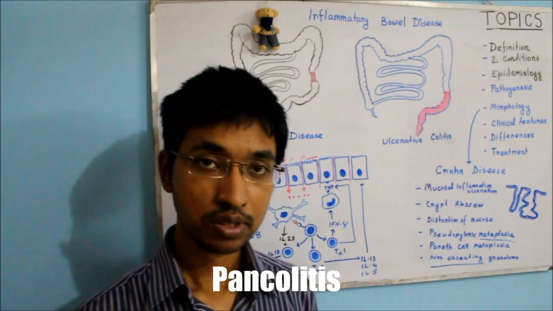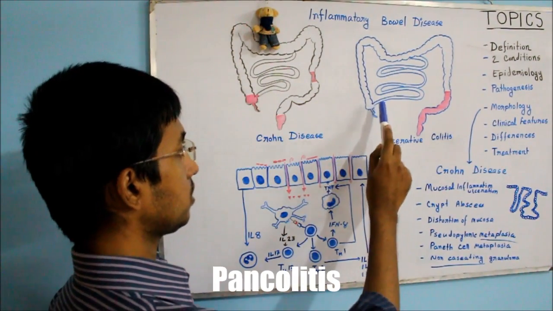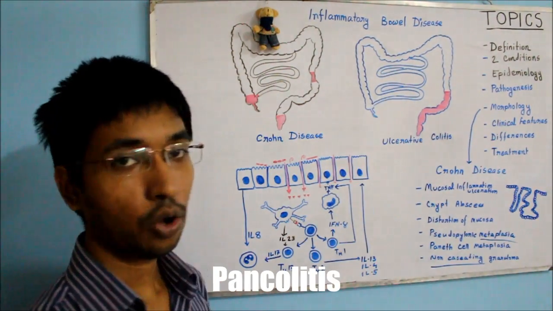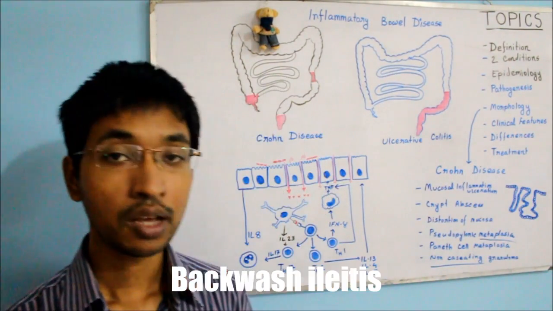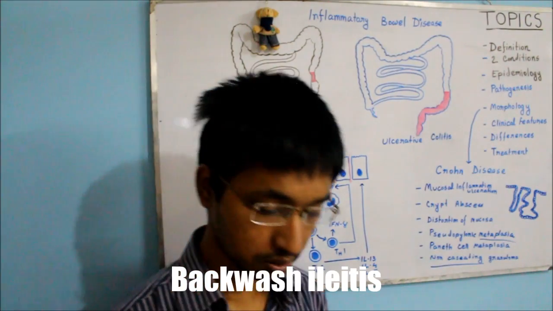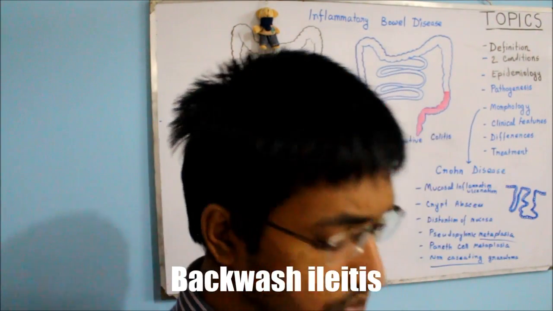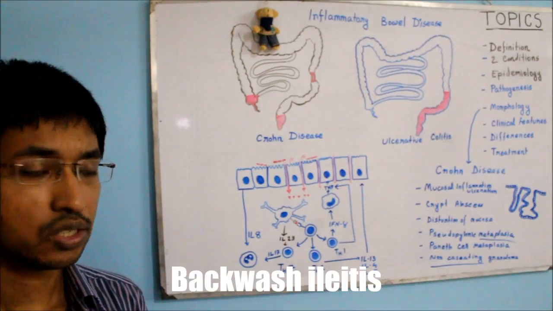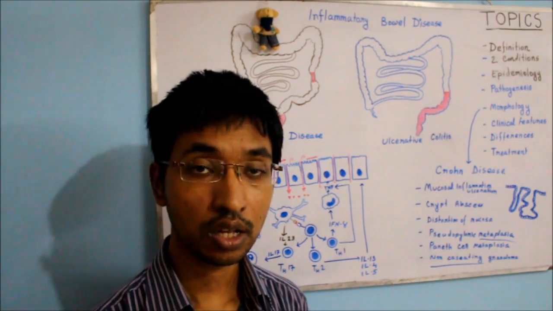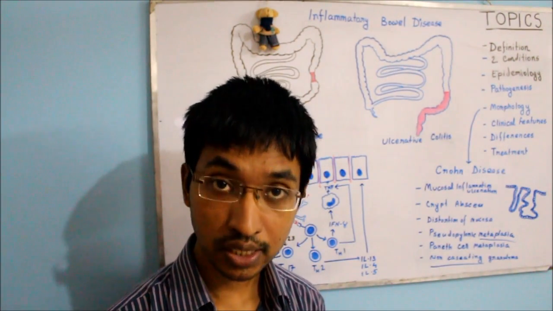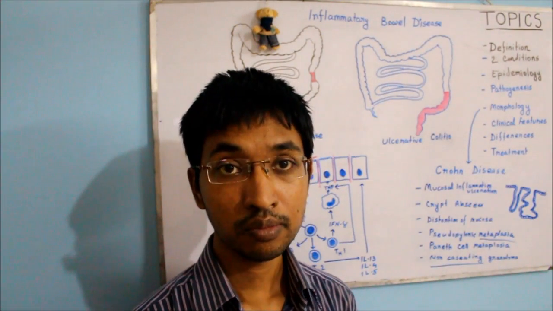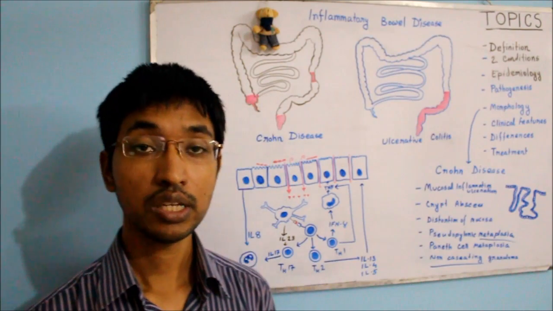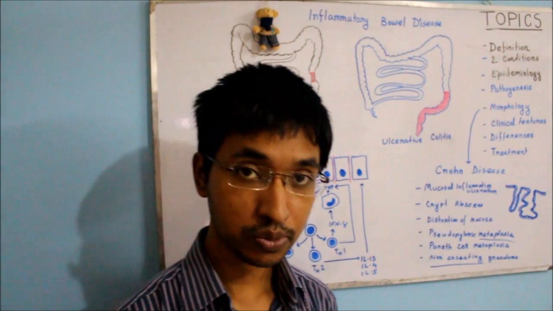And sometimes the distal ileum, that is this portion, can also get inflammatory changes, and that is known as backwash ileitis. So regarding the gross morphological findings of ulcerative colitis, the mucosa will be reddened, granular, friable, and there will be presence of some inflammatory pseudopolyps.